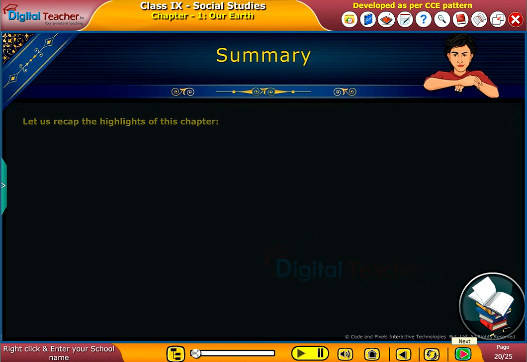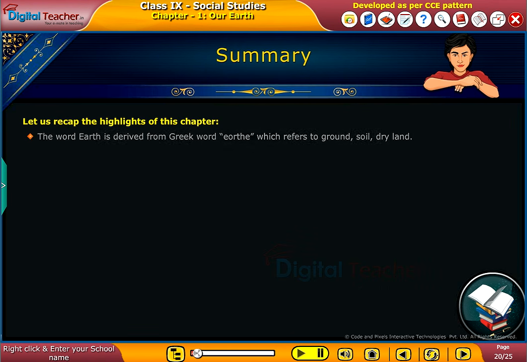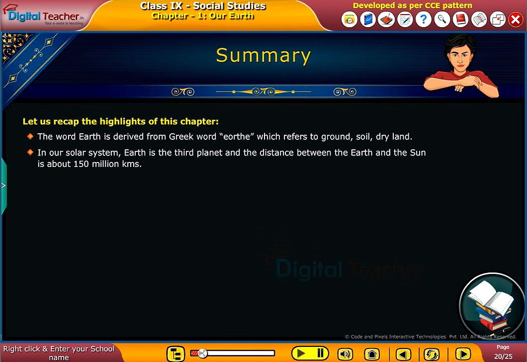Summary. Let us recap the highlights of this chapter. The word earth is derived from a Greek word, which refers to ground, soil, dry land. In our solar system, Earth is the third planet and the distance between the Earth and the Sun is about 150 million kilometers.